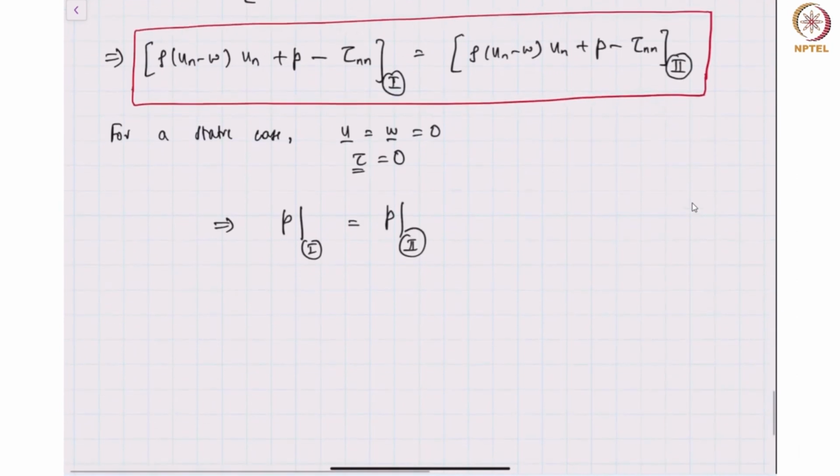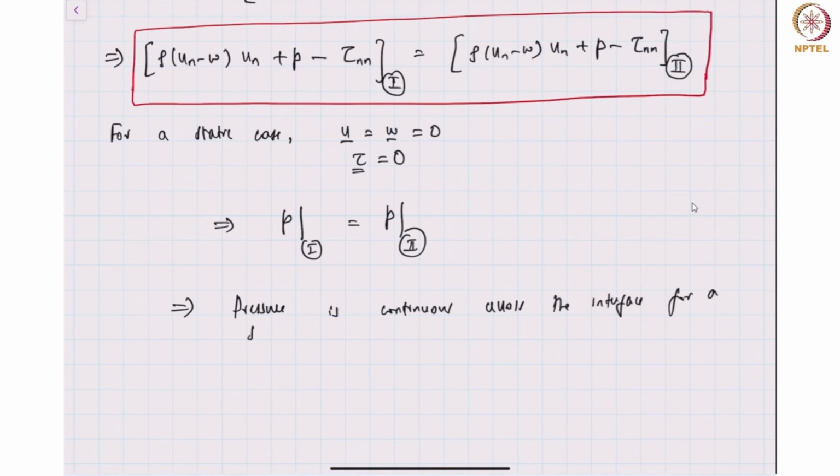So what we can conclude is pressure is continuous across the interface for a static fluid if, a big if, surface tension is ignored.